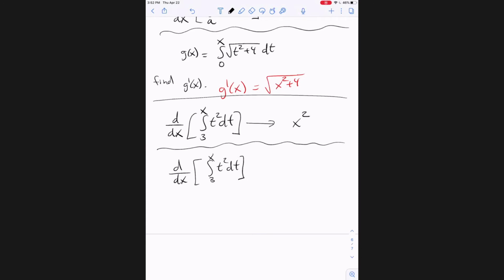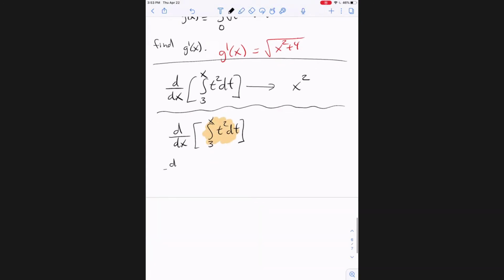So if you remember, let's work from inside out. Let's just focus on this part right here, and then we'll take the derivative afterwards. If I want to take the integral, forget about the d over dx, that means take the derivative, but we'll do that later. If I integrate t squared, wouldn't that be 1/3 t to the third, from 3 to x?